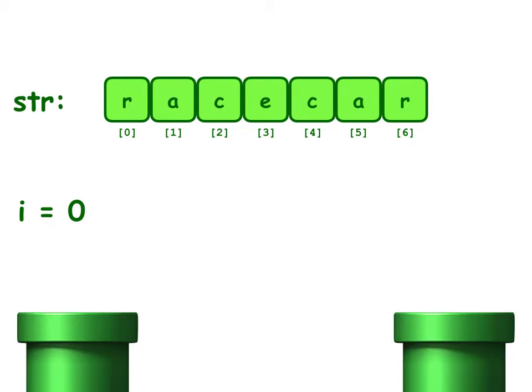Well, in this case, it's 6, but that's because the length of the string is 7. Not all strings you look at will have 7 characters. Some strings will have 10, some will have 5, and so on and so forth. So, in the general case, the index of the last character is equal to the length of the string minus 1. So this method will always start by comparing the character at index 0 to the character at str.length minus 1.